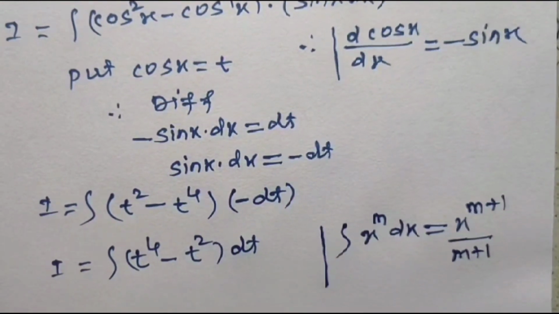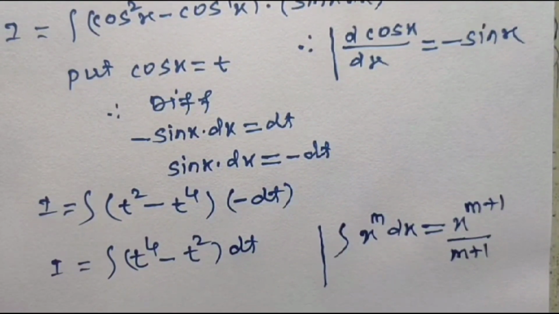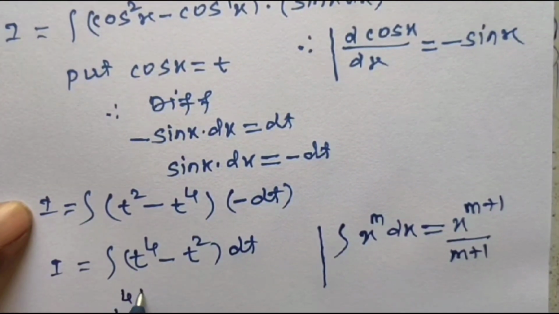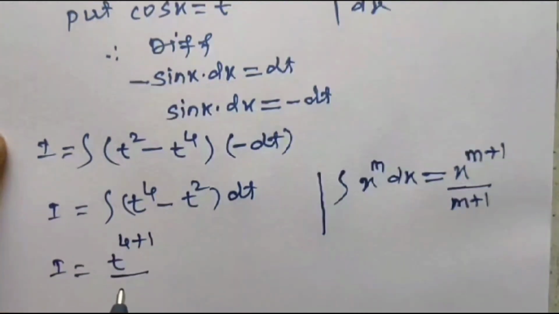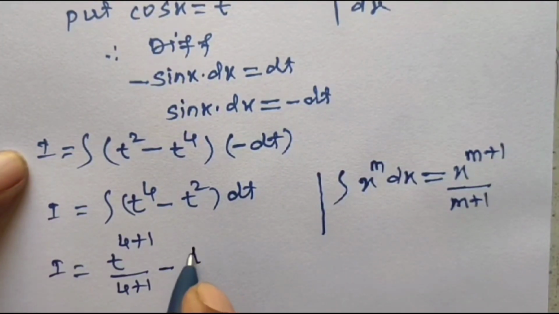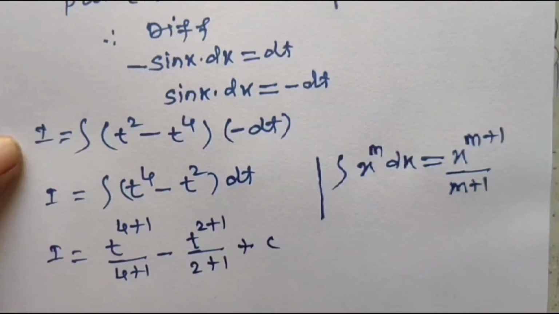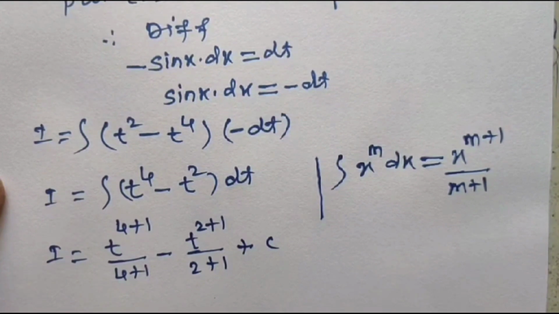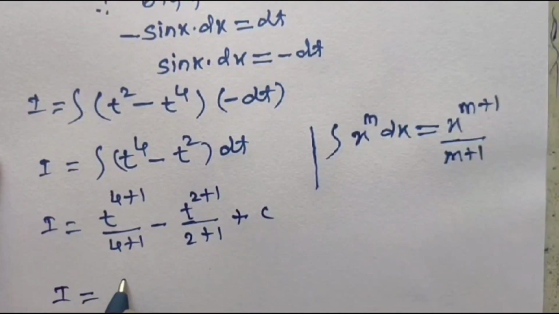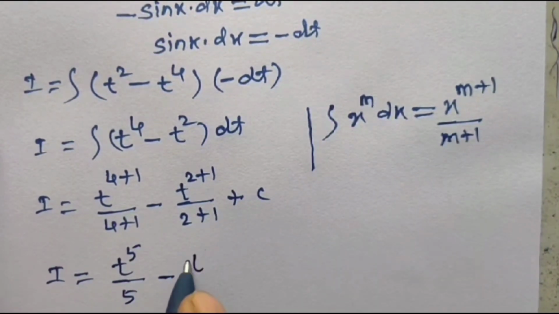Applying this formula, this can be written as I is equal to t to the power 4 plus 1 divided by 4 plus 1 minus t to the power 2 plus 1 divided by 2 plus 1 plus integral constant c. Now 4 plus 1 is 5. So I is equal to t to the power 5 divided by 5 minus t cube divided by 3 plus integral constant c.